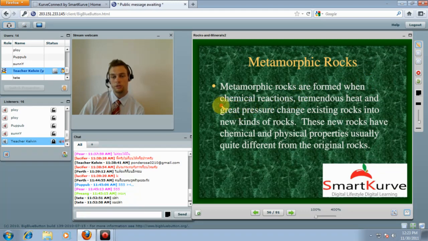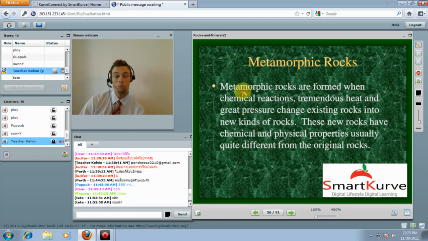So just take away from this: chemical reactions, tremendous heat and great pressure exchange existing rocks into new kinds of rocks. So a rock is completely changing based on pressure, heat, and chemical reactions. They're very different from how they start.